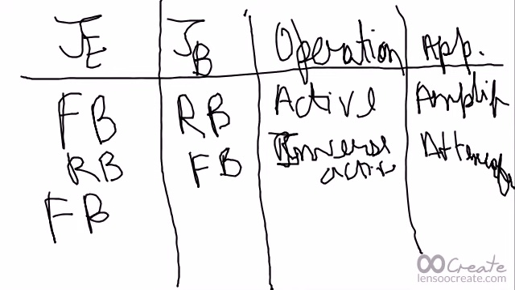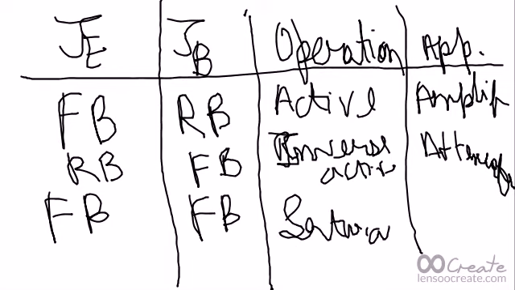If both are forward bias, emitter base junction also and collector base junction also, then it is in saturation mode and it will act as an on switch. Application is on switch.